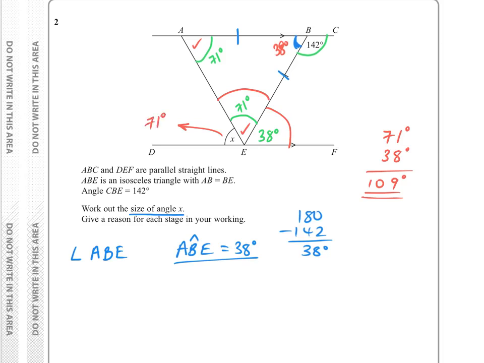And the reason being that angles on a straight line add up to 180, and just by looking at this question for the first time, there's so many different options. I can even say, look, here's another alternating angle or an alternate angle. So we could have just stated that angle DEA is 71 degrees because they are alternate angles. Okay, so there's many options here.